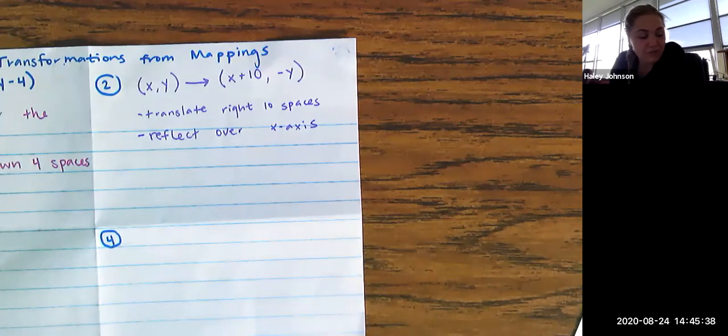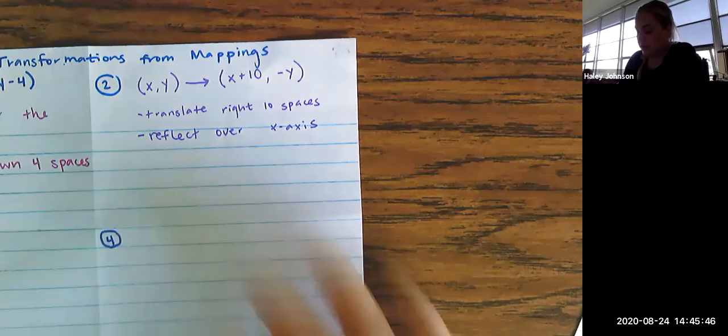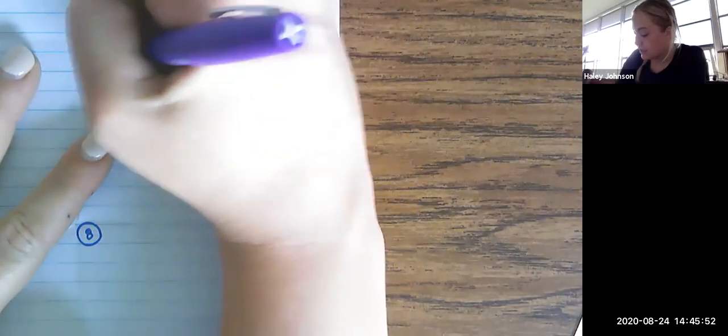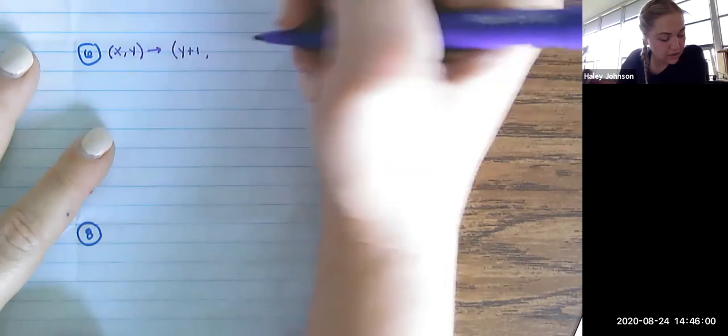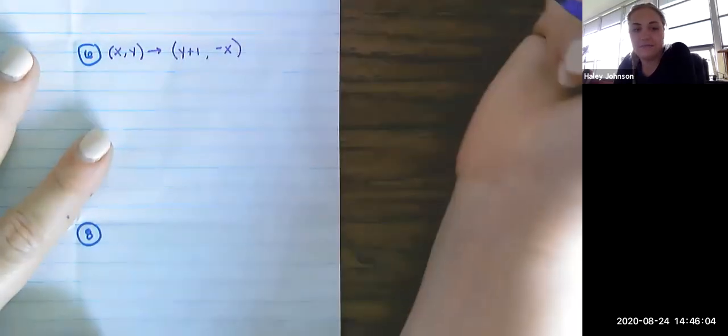I want to do one more problem with you. The problem that I would like to do is problem number 6. So everybody's going to slide down to problem 6, and let's write down the following mapping. Starts off with x comma y, and then I have an arrow, and it goes to y plus 1, comma, negative x.